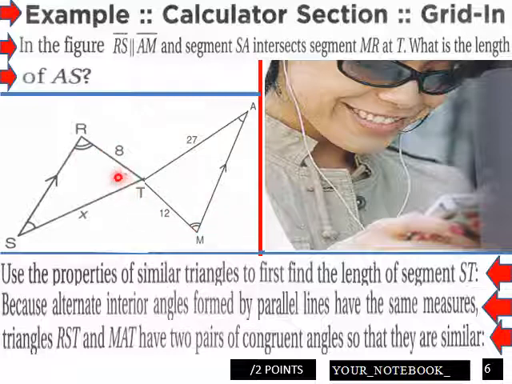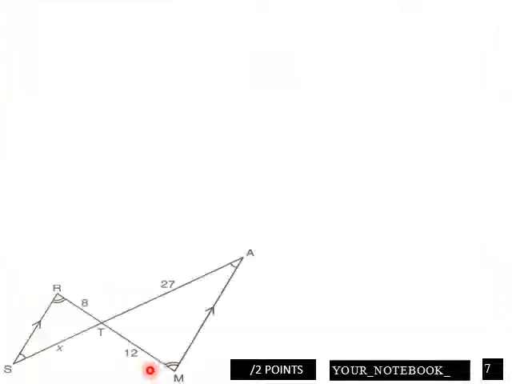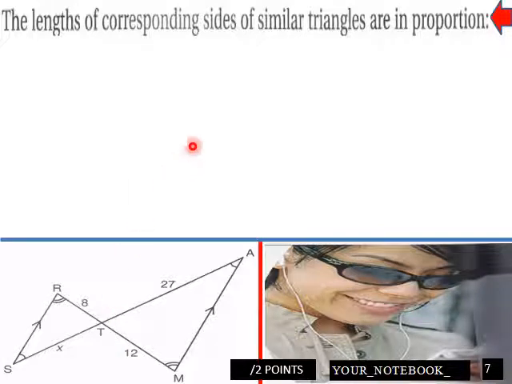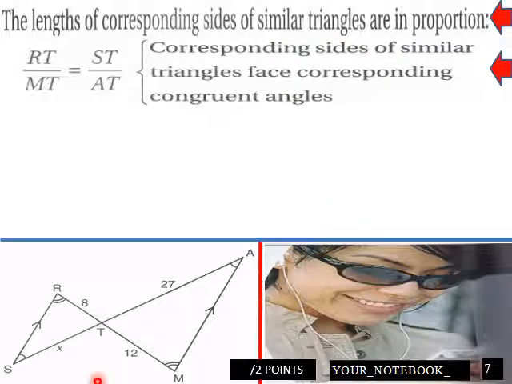Here, here, and then here and here. Determine similarity here. The lengths of corresponding sides of similar triangles are in proportion. So knowing that RT over MT equals ST over AT, here is your justification for that.